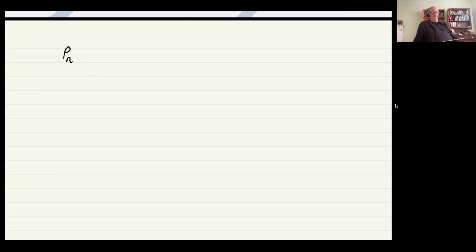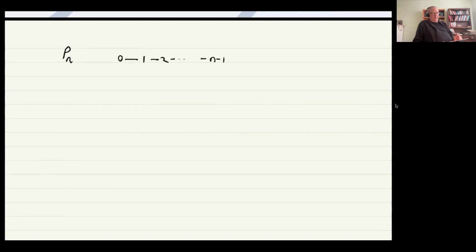The first couple of examples were regular graphs, and for variety I want to look at paths on n vertices. Let's say we start at 0. P sub n is the path on n vertices. n is the number of vertices, not the diameter.